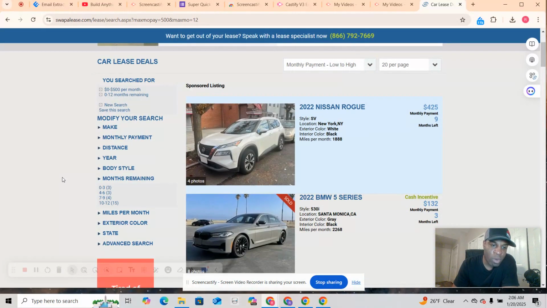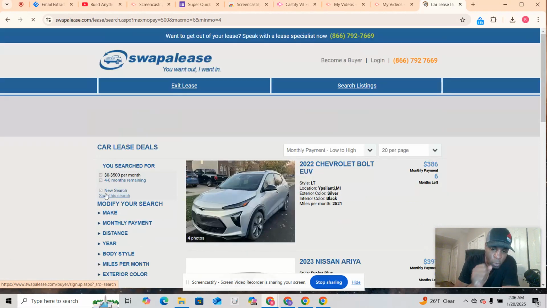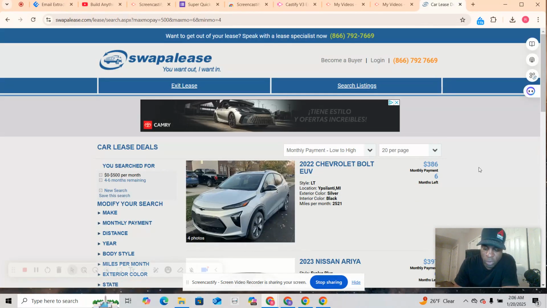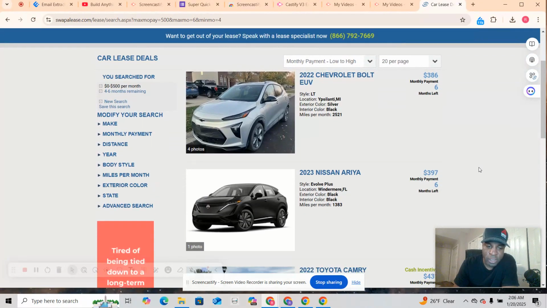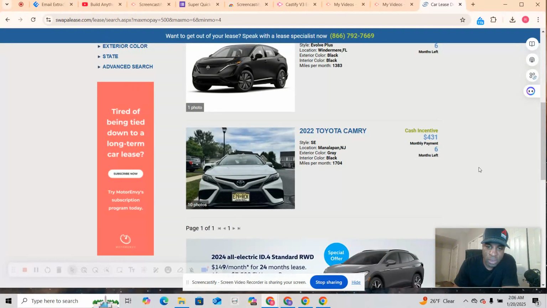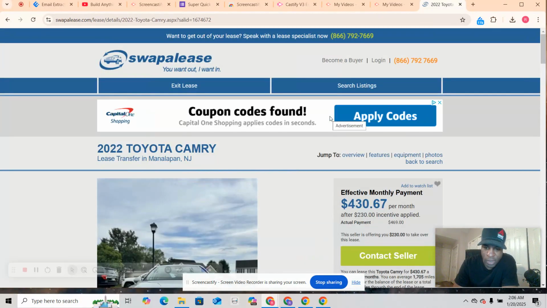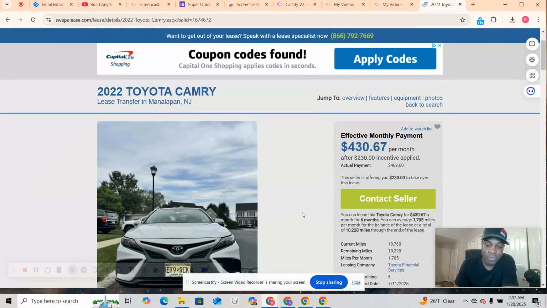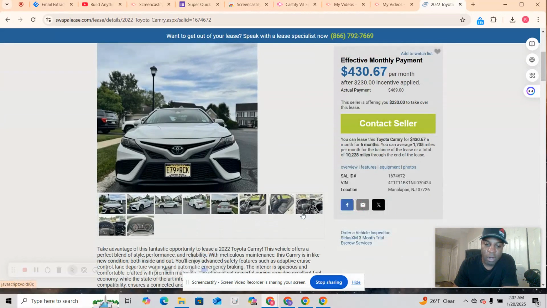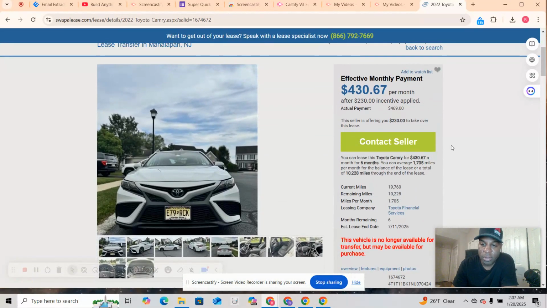Now that you have 0 to 12, you can narrow it down to 4 to 6. This one is perfect, 6 months left on the lease. Cash incentive. All right, so these are perfect. This one right here, the seller is offering a $230 cash incentive. $430, 6 months left on the lease.